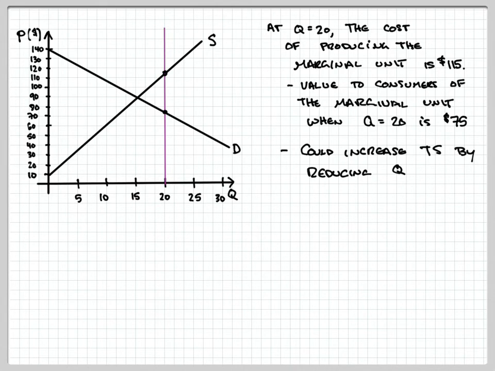So now let's look at a value below. Now suppose quantity is 10. At Q equals 10, the value to consumers of that marginal unit is about $105.